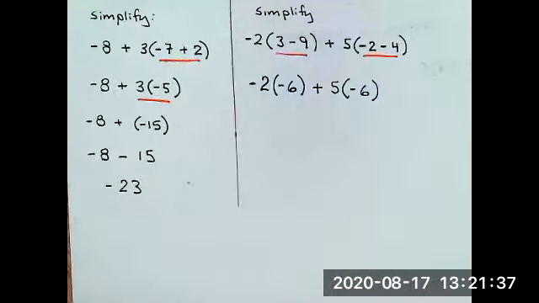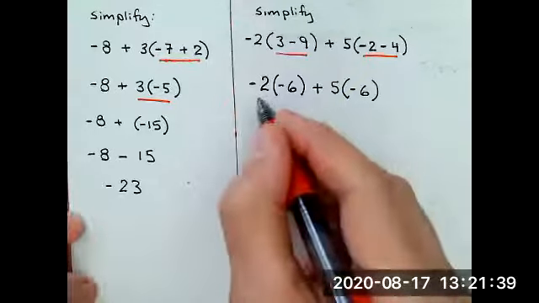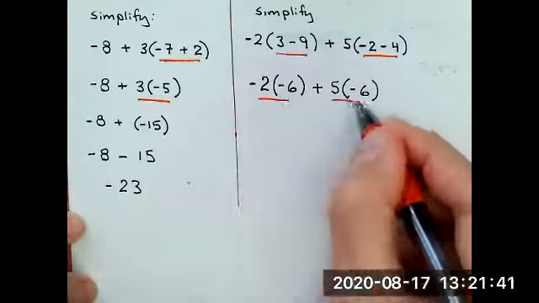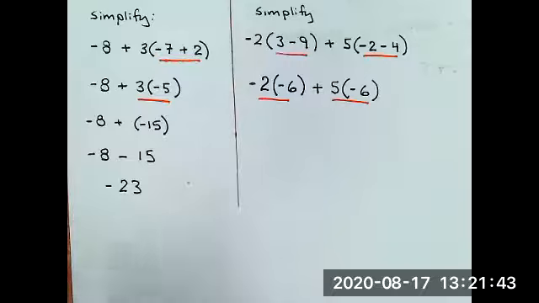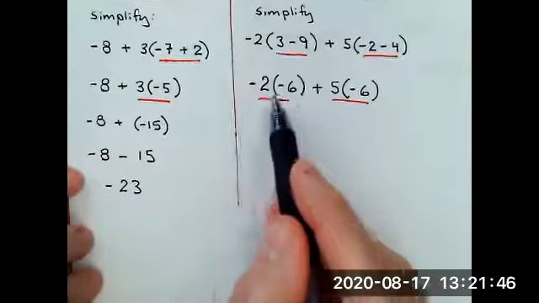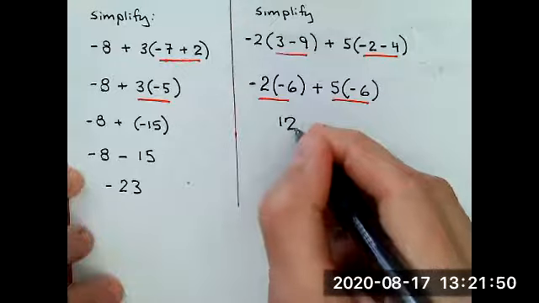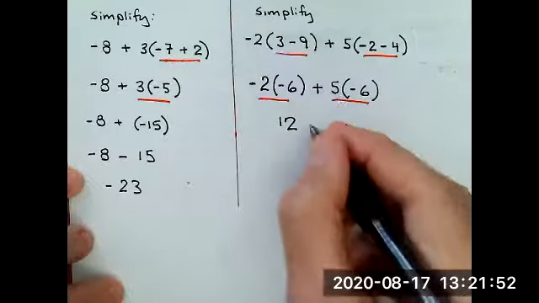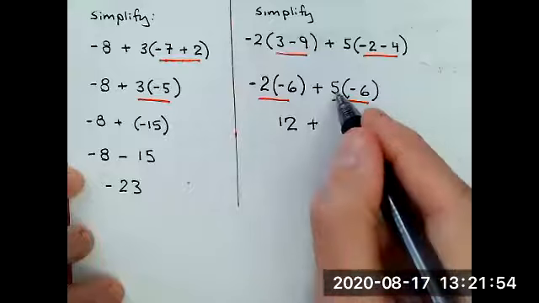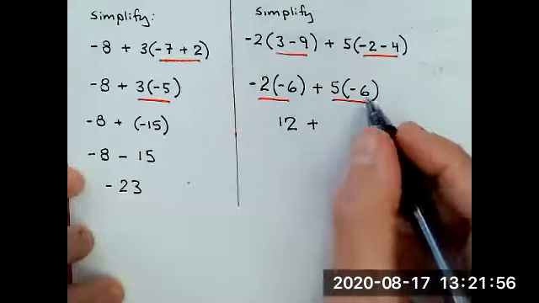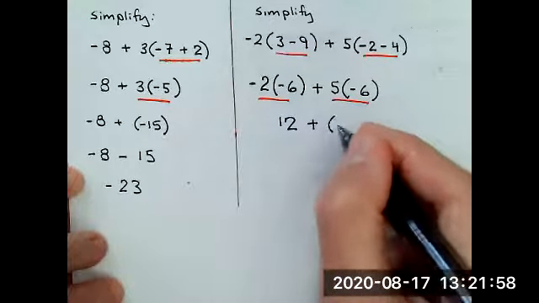All right, and now we're going to multiply. So here we have a negative times a negative. It's going to be +12. And then we're going to add a positive times a negative, which is going to be negative.